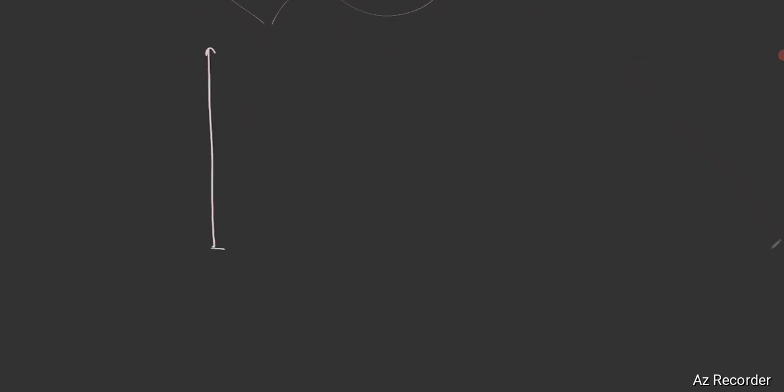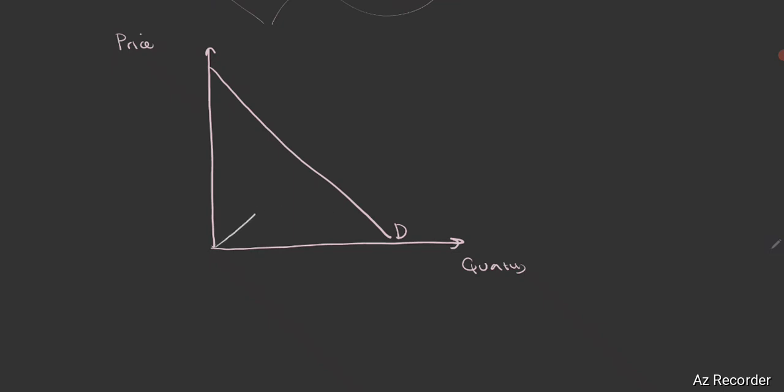So we want our axes: price on the y-axis, quantity on the x, and we'll draw normal equilibrium, so demand and supply. The intersect is the equilibrium point, P star, Q star. But if a maximum price is imposed, this is going to be below the market price.